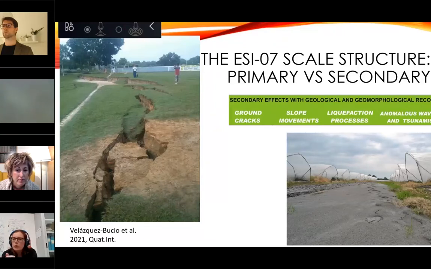Then we may have slope movements, different types of slope movements, and usually what is considered is the volume to assign an intensity degree. We may have liquefaction processes, and here the quantitative estimation is based on the dimension of sand volcanoes, for instance, or the length, again, of liquefaction phenomena.